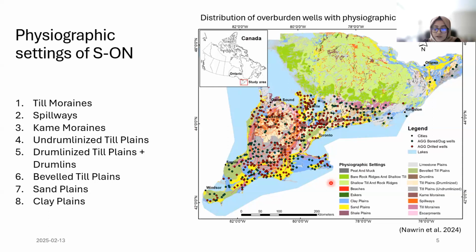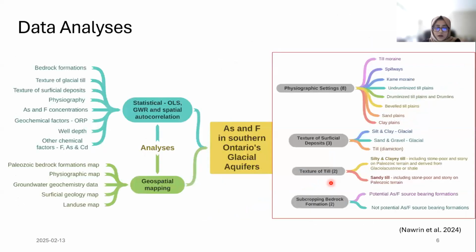Eight out of these 17 physiography, listed here, that is till moraine, spillways, kame moraine, undrumlinized till plain, drumlinized till plain, sand plain, and clay plain, were chosen for having a sufficient number of wells to assess their relationship to groundwater arsenic and fluoride.